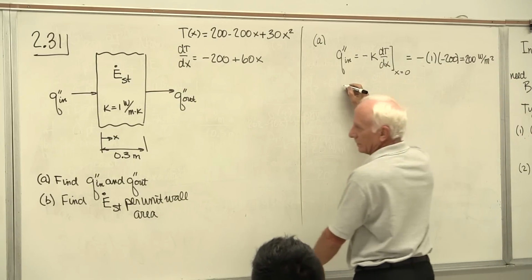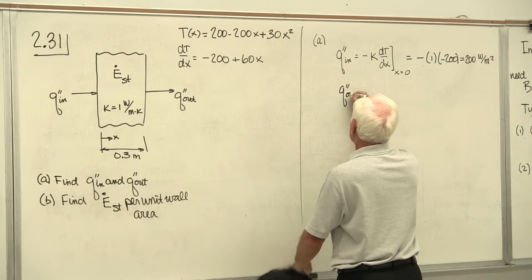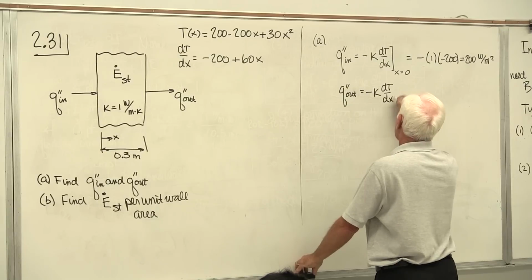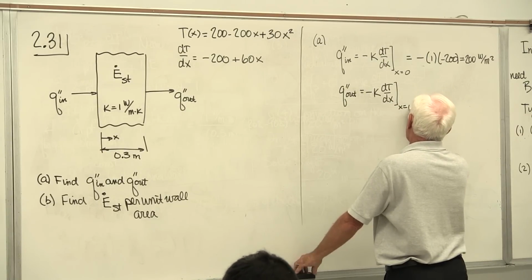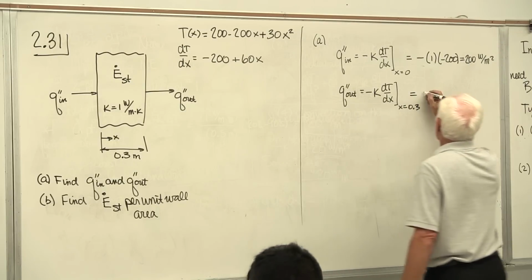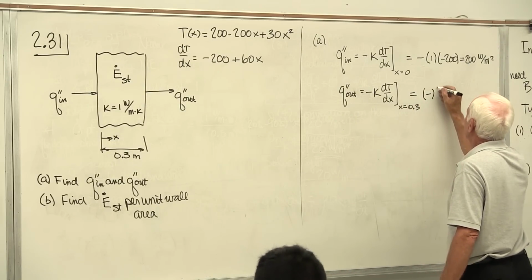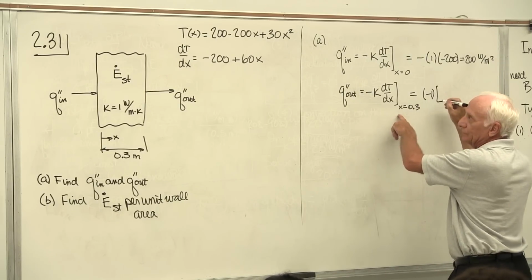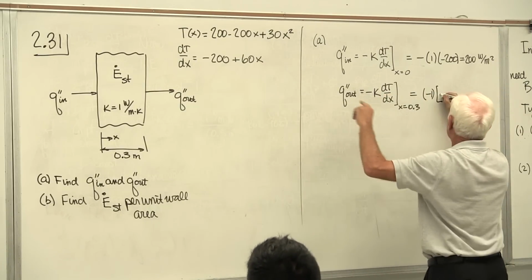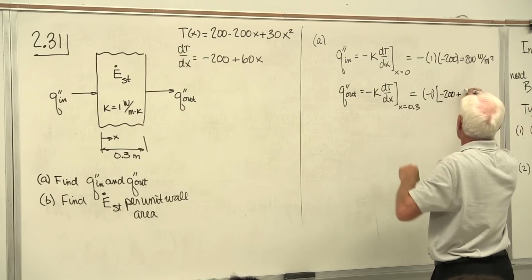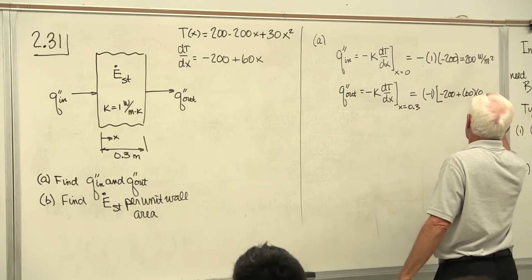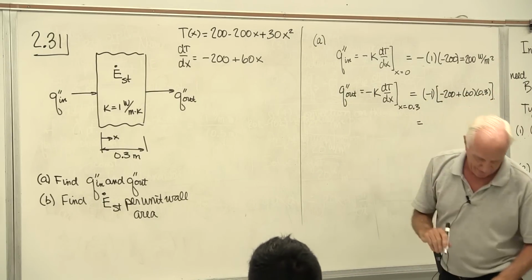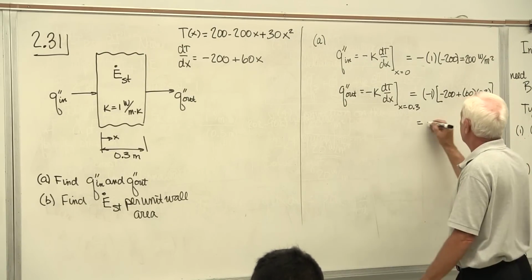Okay, q double prime out: minus k dT/dx at x equals 0.3. That is 182.